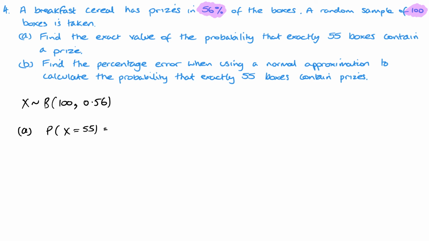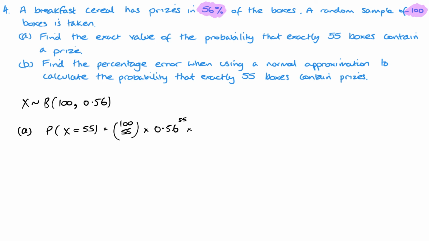So if you go back to unit 1, all you need to do there is use your binomial expansion. So kind of nCr. So we've got 100 C 55 there. We're going to multiply that by P, and that's going to be to the power 55.